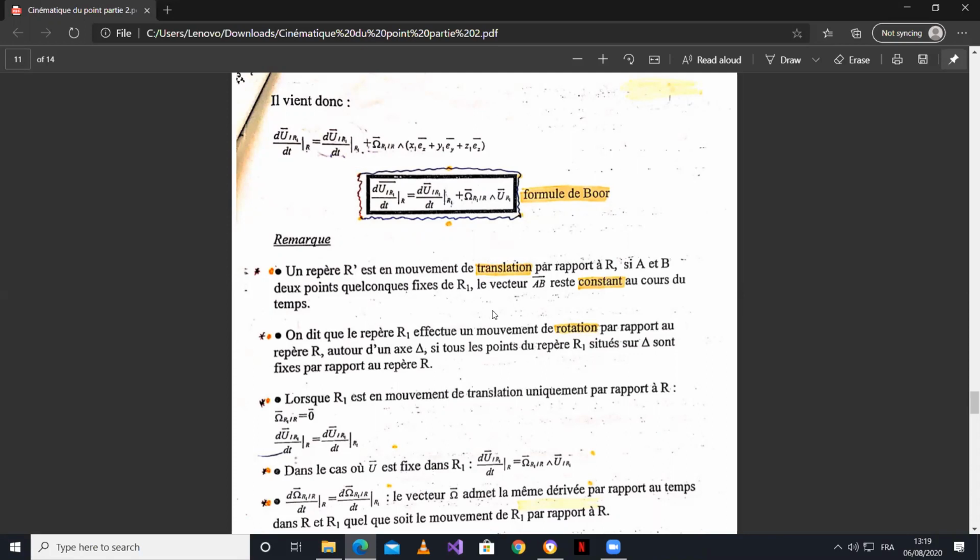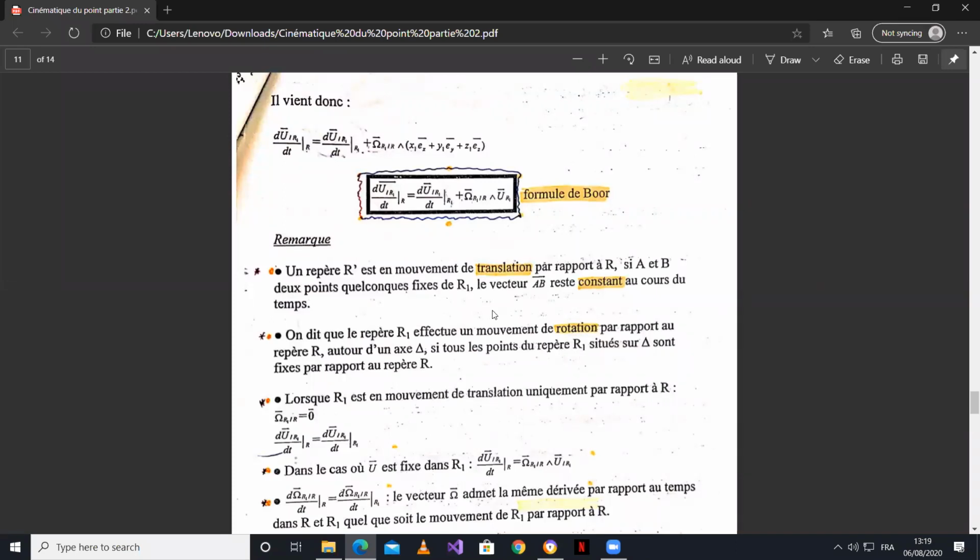Then they're telling us, lorsque R1 est en mouvement de translation uniquement par rapport à R, we have the vitesse angulaire being equal to 0. I'm sure this is obvious because I told you vitesse angulaire is the speed at which the angle is changing when a point or an object is rotating. So if there's no rotation, there's no angle changing.